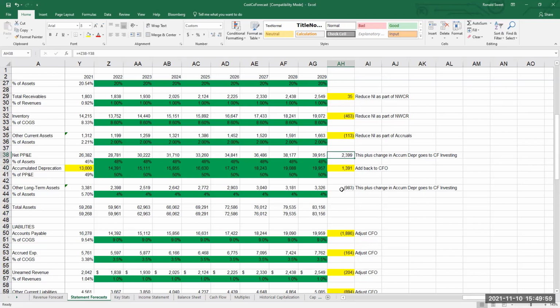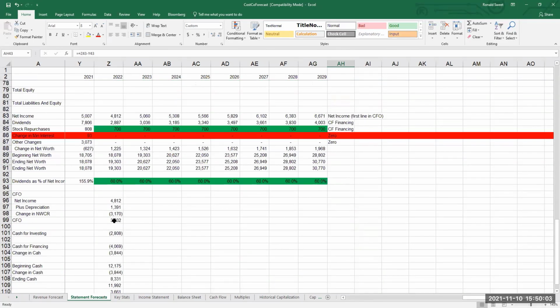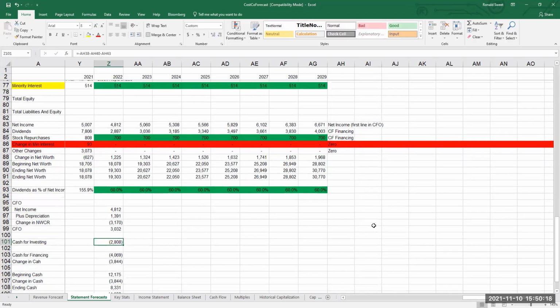So we've got line 38 and 43. Let me make sure I did that right. So that's the total amount, and this is actually gonna reduce it. That looks correct. I don't think there's an error in there.